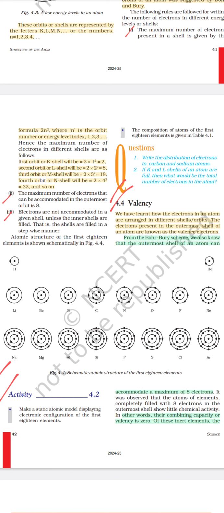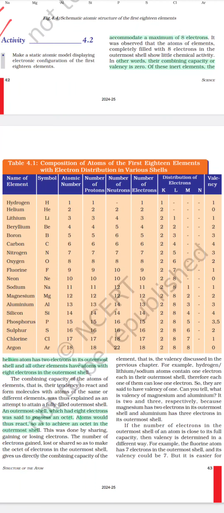These are inert elements. The helium atom has 2 electrons in its outermost shell, and all other inert elements have atoms with 8 electrons in the outermost shell.